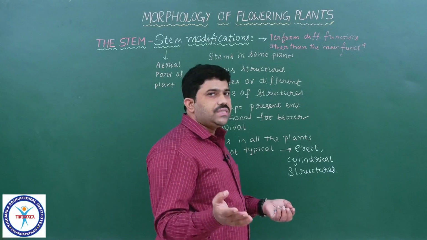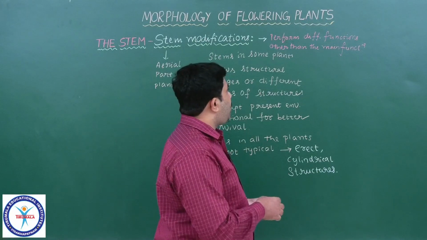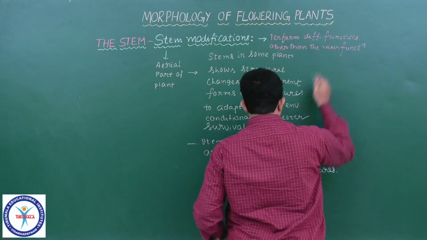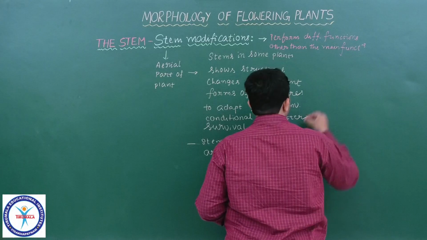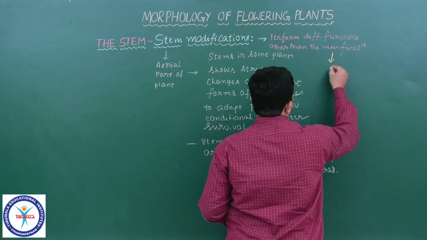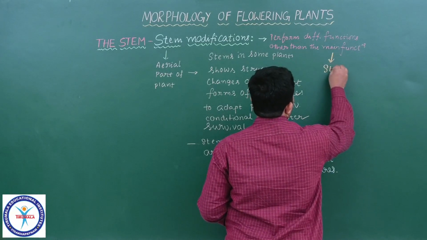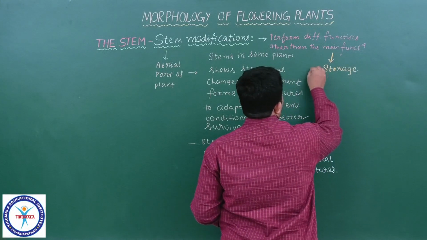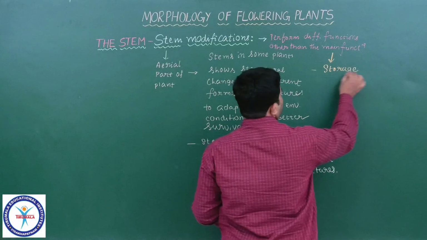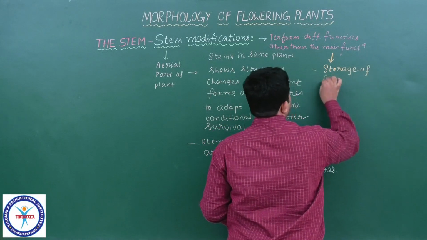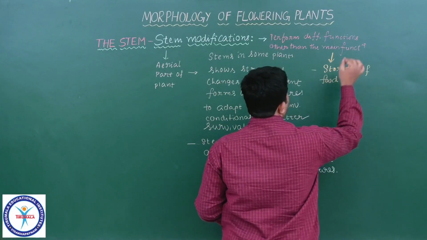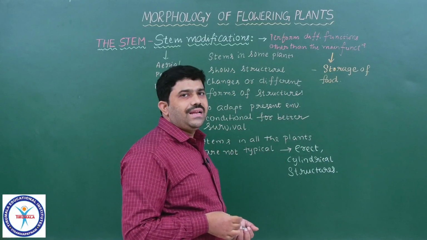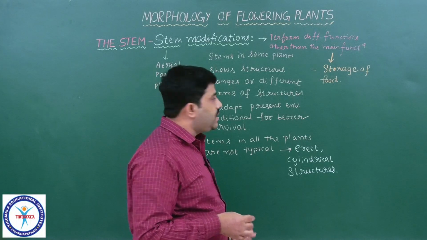Other than the main functions, in some plants the stem performs different functions, especially storage of food. In some plants, stems act like storage units, storage structures.